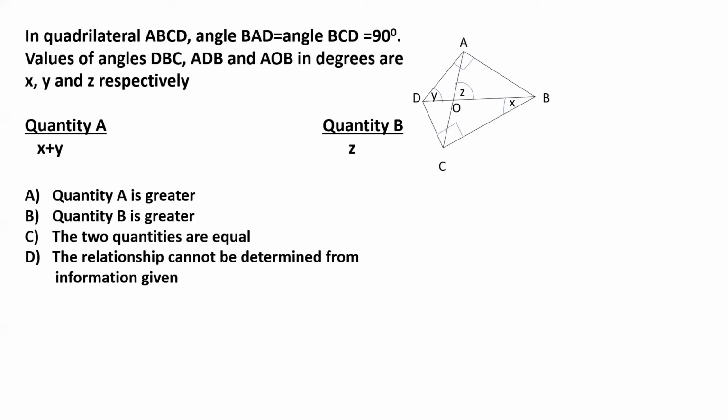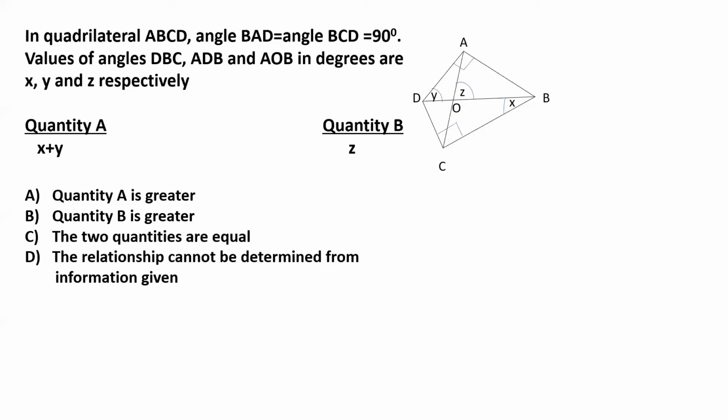It's not necessarily a parallelogram, right? It's not a square. It's a quadrilateral, but just from the information that its angles BAD and BCD are 90 degrees each implies that this is not just an ordinary quadrilateral. This is a special quadrilateral. And the question is, what's the speciality?